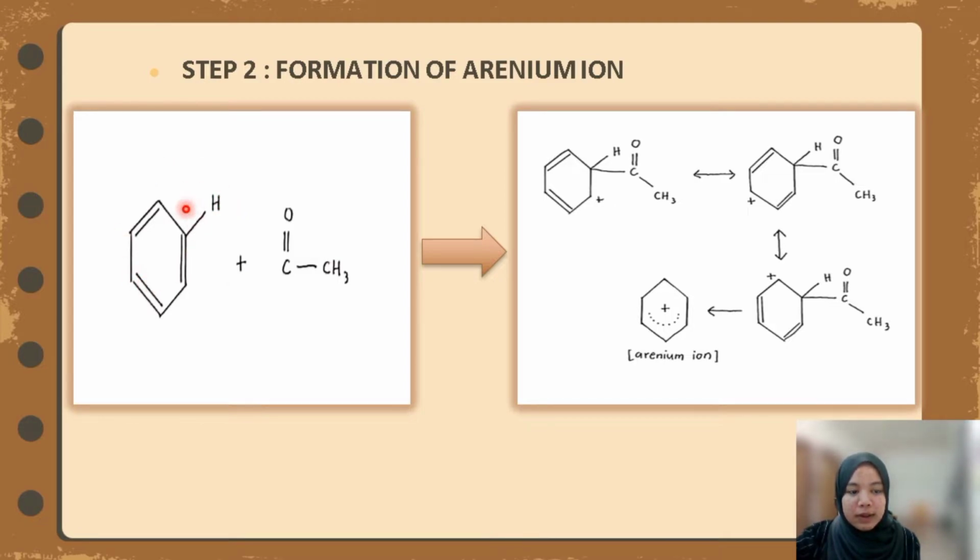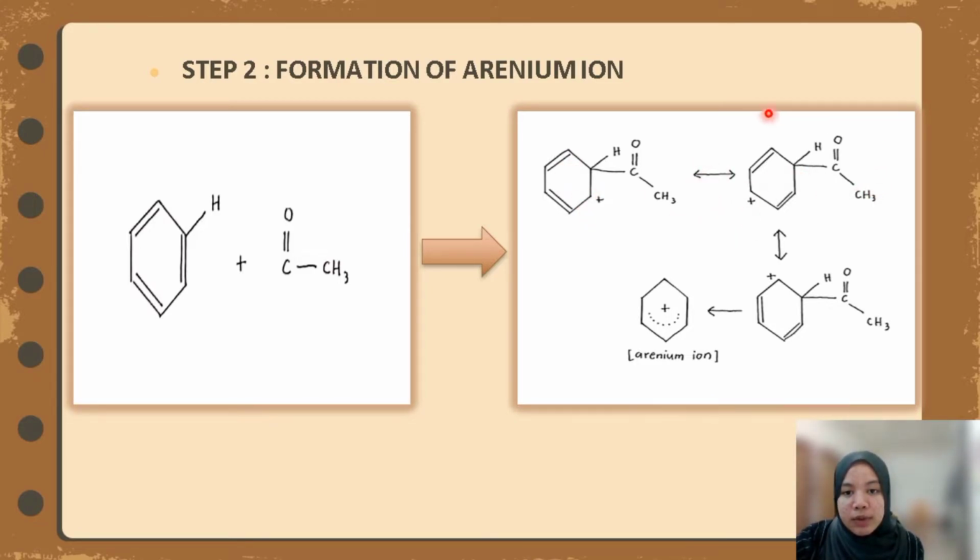Okay, next step 2, formation of arenium ion. So first, this is the chemical structure plus the electrophile. So the electrophile will attach to the chemical structure. You can see here the double bond, and we know in the double bond there are many electrons. So from the double bond, we produce a single bond here when the electrophile attaches to this, and a positive charge here.